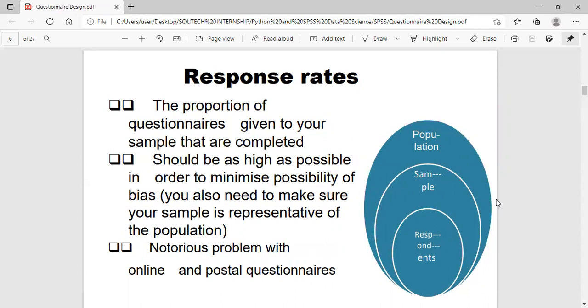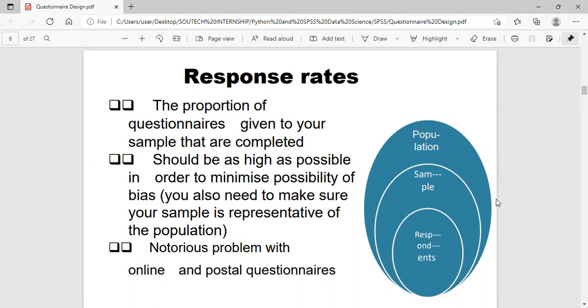So a representation of the population is called a sample. That's taking random people from every side to make sure that every part of that area is represented. That is what a sample is. A sample is a part of that population that represents the entire population.